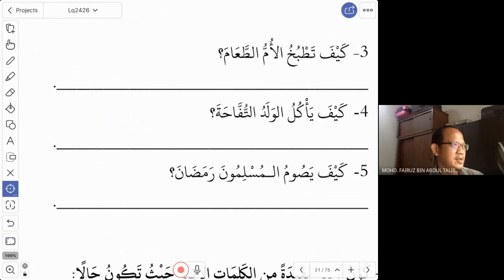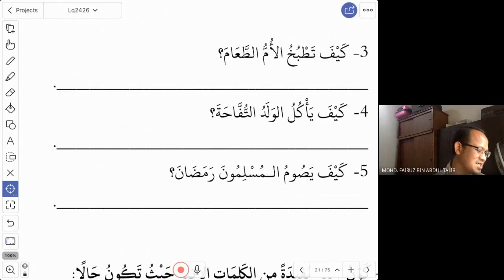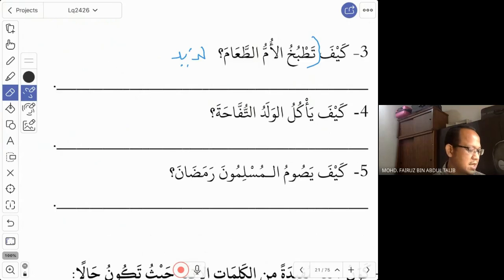Is it nicely done or is it lazizan? Okay, good, lazizan. You want to say the food is laziz, right? So she cooks the food, laziz. The food is delicious. Okay, so we say lazizan. So you can start with kaifa tatbukhul ummu ta'ama lazizan. Tatbukhu al-ummu at-ta'ama lazizan.